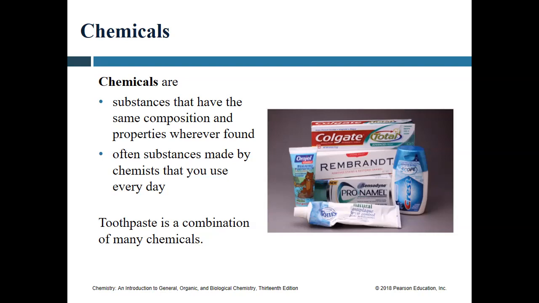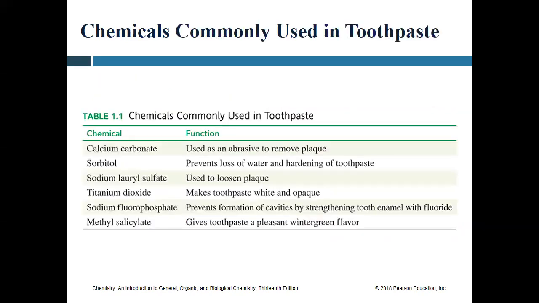And what's important for us to understand is that chemicals are all around us at all times. They're in every product that we have, every product that we use. The example your book gives is that of toothpaste. Inside of toothpaste, there are a series of substances that make it up. Things like calcium carbonate, which is basically just an abrasive.